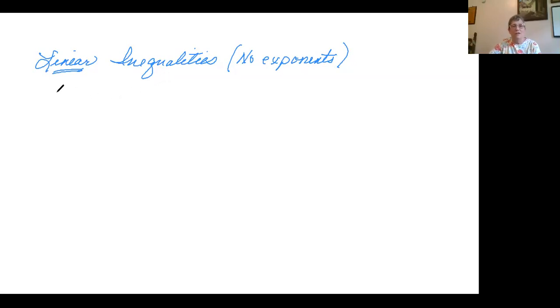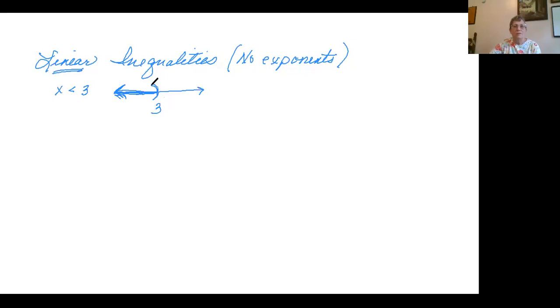Now, by a linear inequality, I mean something along the line of where your answer is going to come out to be something like x is less than 3. This means that any number smaller than 3 could be x. And we would mark that on a graph like this. Anything smaller than 3.